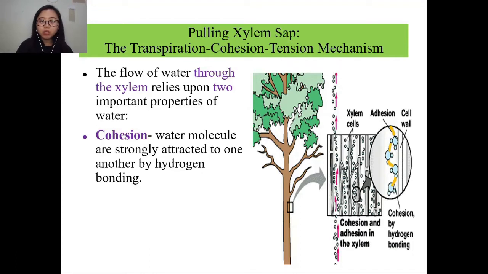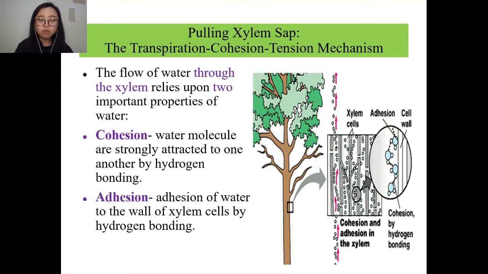Dia macam water molecule itu berpegang tangan dan susah mau lepaskan diorang bila diorang berpegang tangan. Kalau kamu dengan kawan kamu berpegang tangan, kawan kamu start berlari, kamu pun terikut berlari kan? So that is what happens to the water molecules. Disebabkan cohesion, dia akan ikut kawan dia.